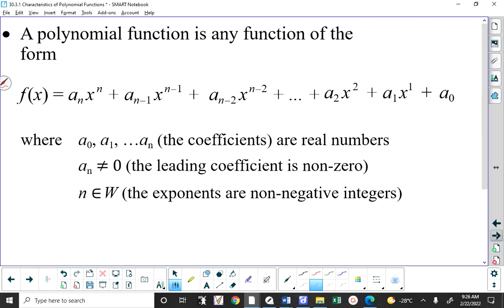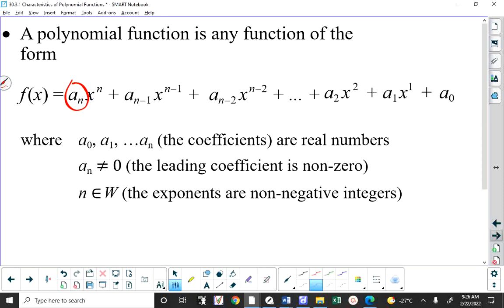So why can the leading coefficient, the coefficient of the first term, not be 0? Does anybody know? I know this is still at the abstract stage, but why would we not want the first coefficient to be equal to 0? Marcel?